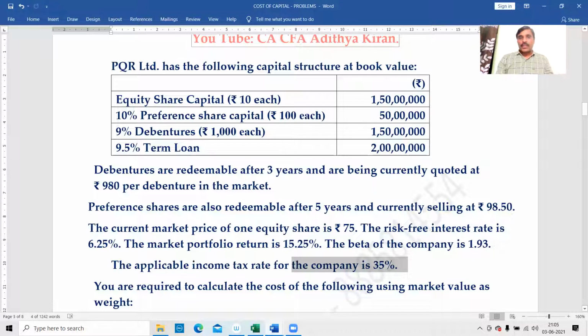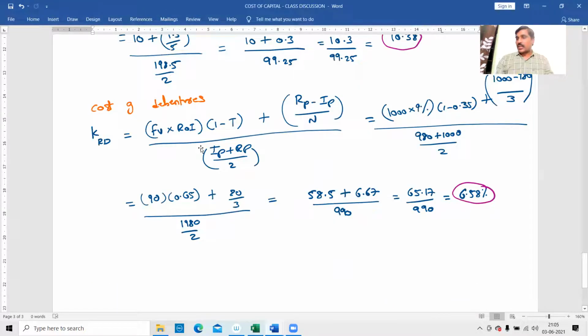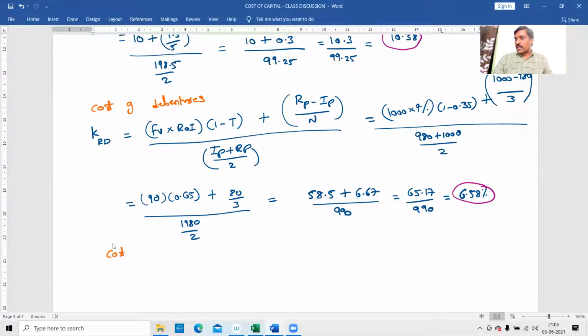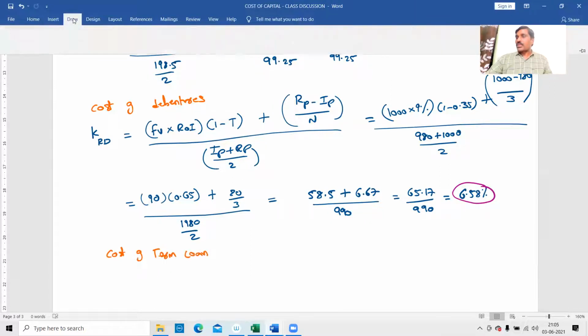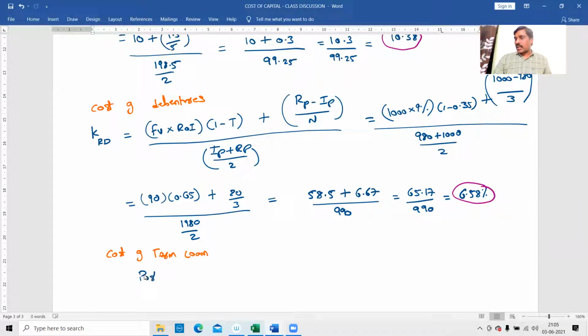Cost of term loan is straight away 9.5% into 1 minus tax rate, because there is nothing like redemption price or issue price. So for term loan you can directly take 9.5%. Post-tax cost is equal to pre-tax cost into 1 minus tax rate.